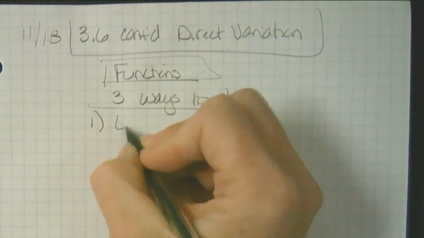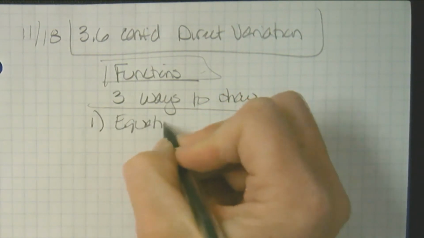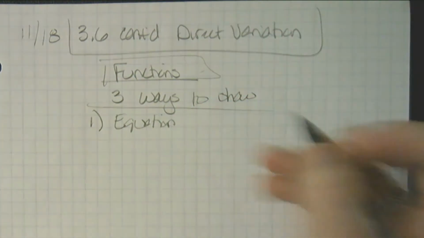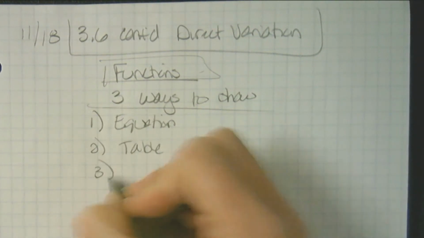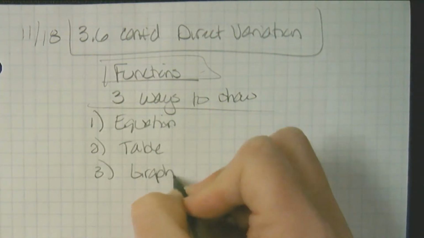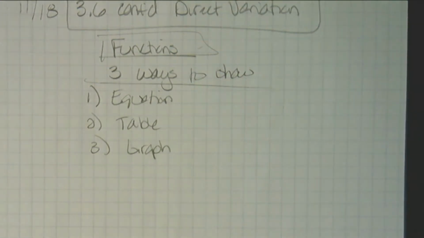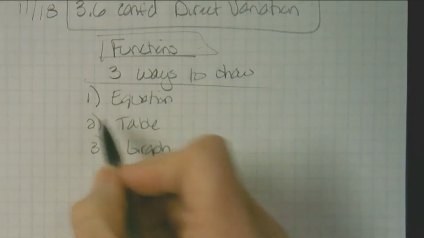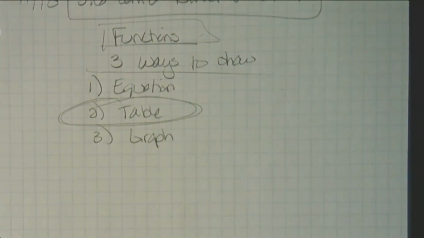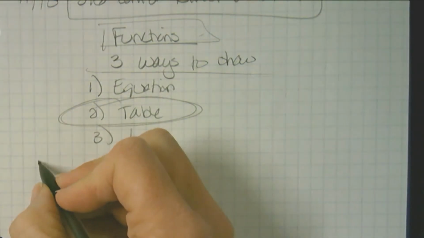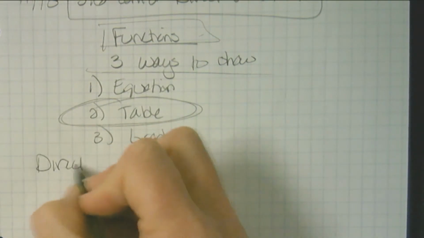The first way is through an equation. The second way is through a table. And the third way is through a graph. All right, so today we're going to be talking about tables, but then we're also going to be talking about story problems. So let's first talk about direct variation tables.